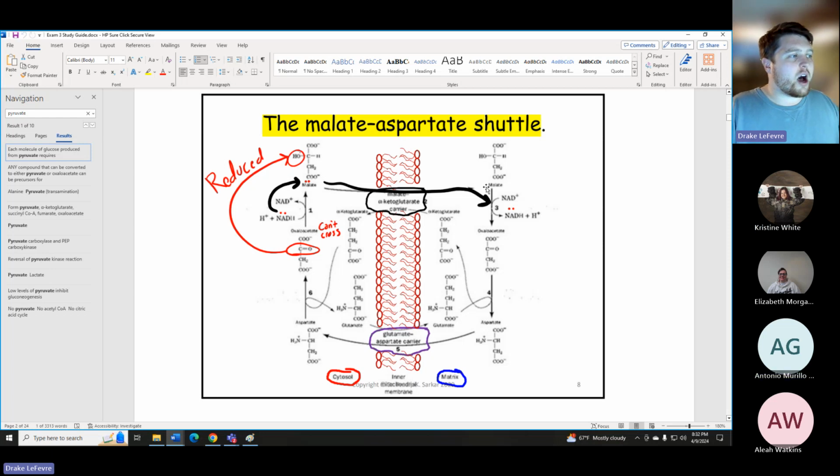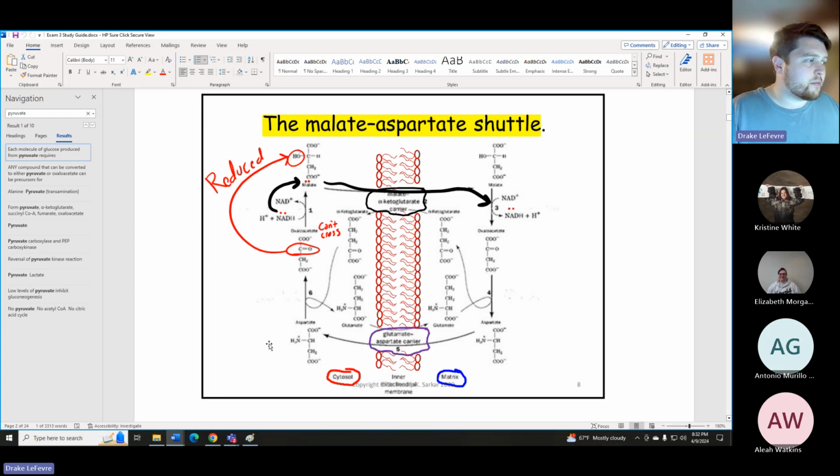Malate can go freely across, being exchanged for an alpha ketoglutarate, and then it can break off and give it back to an NADH inside of the mitochondria, and it converts back to oxaloacetate. And then alpha ketoglutarate interacts on the other side to create glutamate, and then glutamate comes through. Glutamate reacts with the oxaloacetate to form aspartate and goes through.